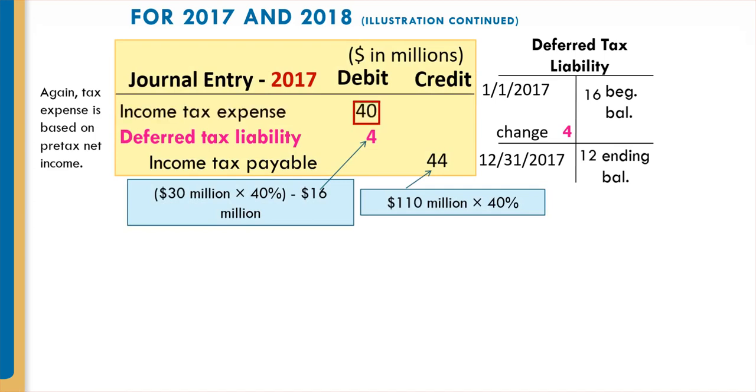I would say with this journal entry, again, you're being simplistic, because I'm sure within that period of time, a large corporation would have multiple deferred tax assets being recorded in 2017 and multiple new deferred tax liabilities coming on the books. So you'd have not just this deferred tax liability debit for 4, you'd have multitudes of deferred tax liabilities credited.